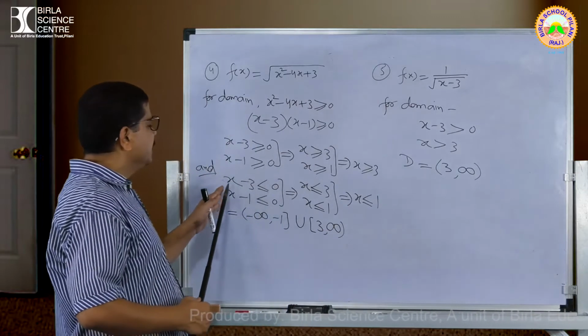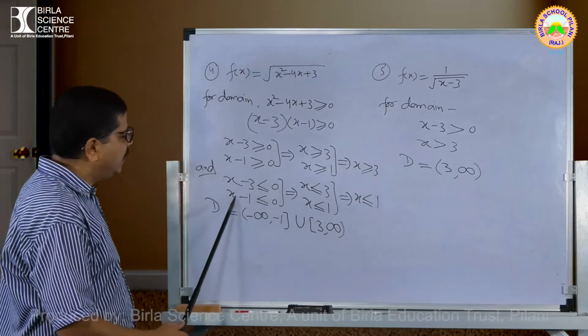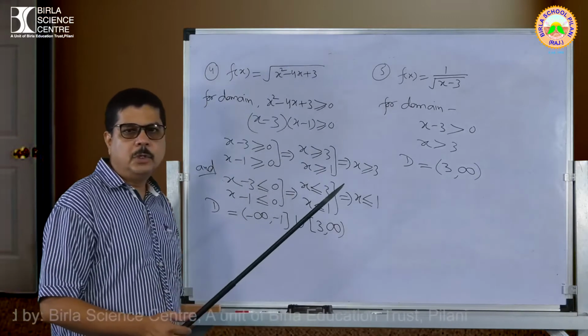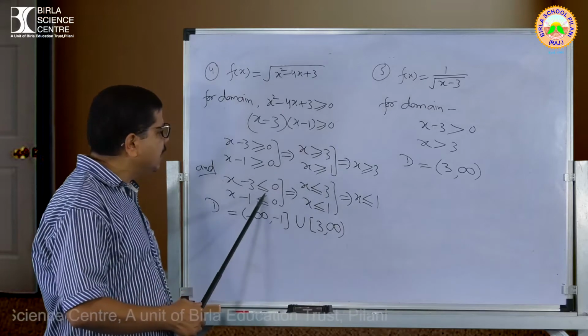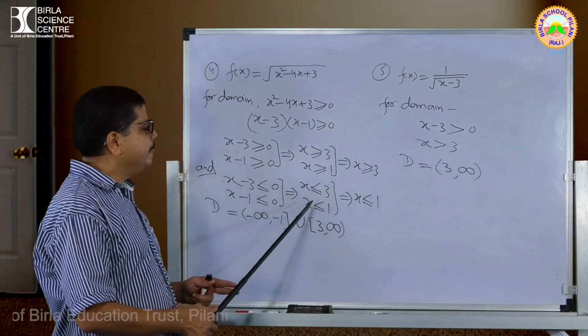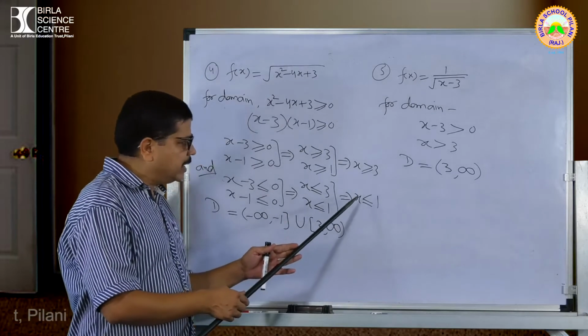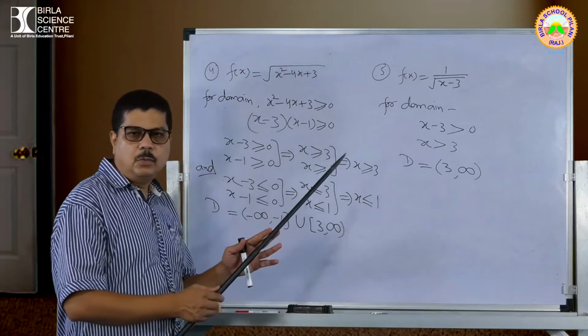Or the second condition may be x minus 3 less than equal to 0, x minus 1 less than equal to 0, either both positive or both negative. It gives x less than equal to 3, x less than equal to 1, whose combined solution is x less than equal to 1.